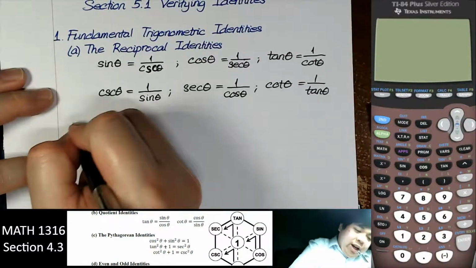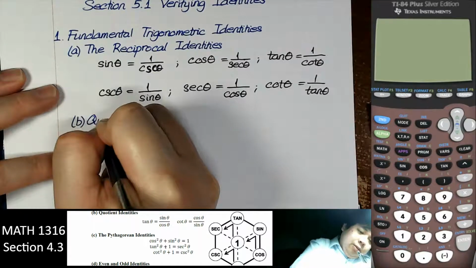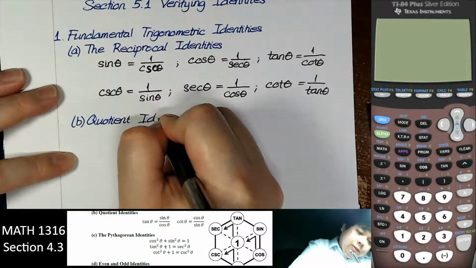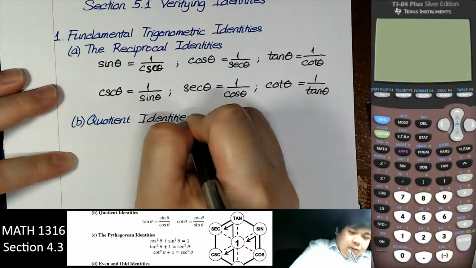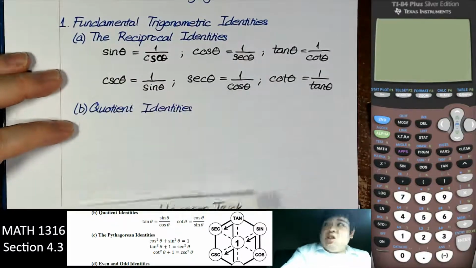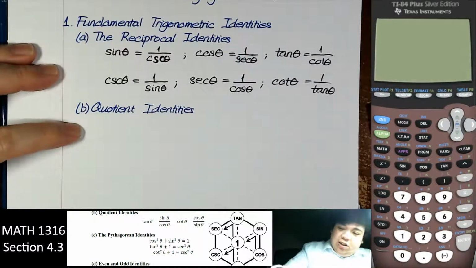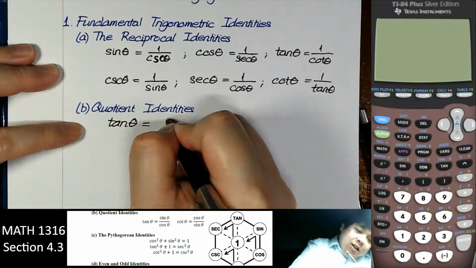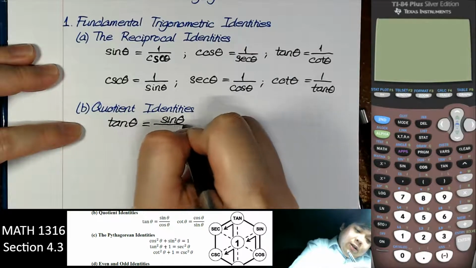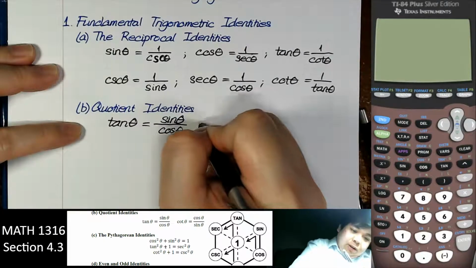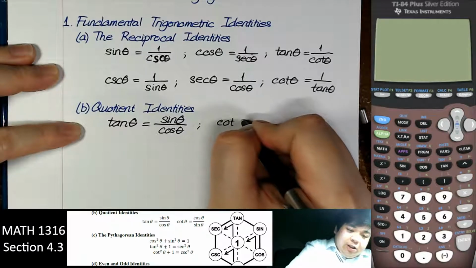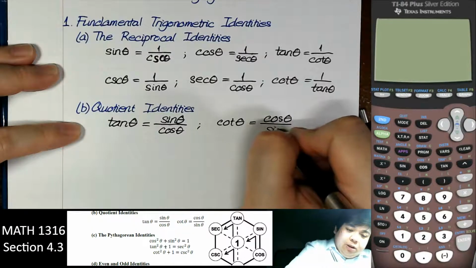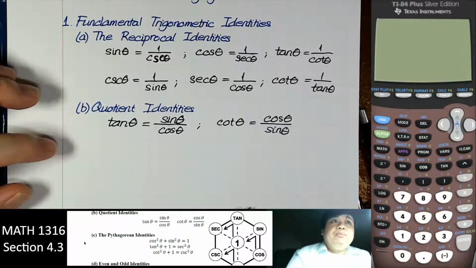Next, the quotient identity. Now this is a lot more than just what we have on that side. Tangent is sine over cosine. And cotangent is cosine over sine.